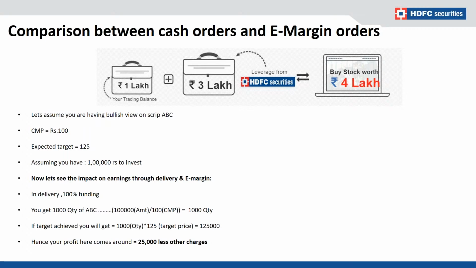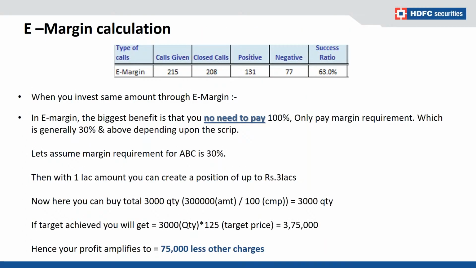However, if the customer buys shares in e-margin, he'll be able to buy 3,000 shares for the same amount because he gets leverage of 3 times. So the customer will be able to buy 3,000 shares at 100 rupees, that is 3 lakh rupees.